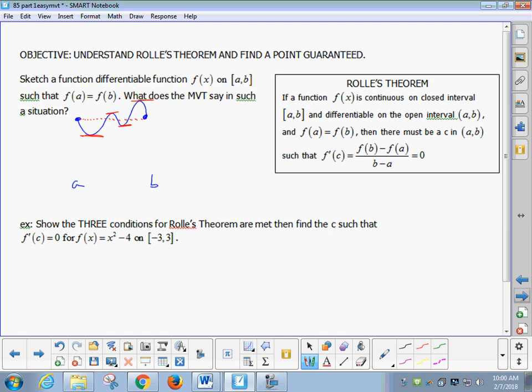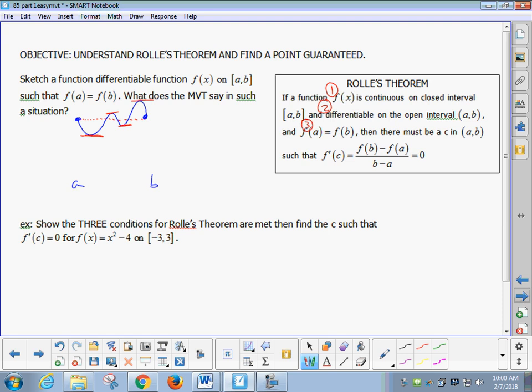This special case of the MVT where the slope is flat is Rolle's theorem. It still has the same two conditions up front because it is a subset of MVT. It has to be continuous on a closed interval and differentiable on an open interval, but it also has to have that third special condition: the endpoints have the same y value.